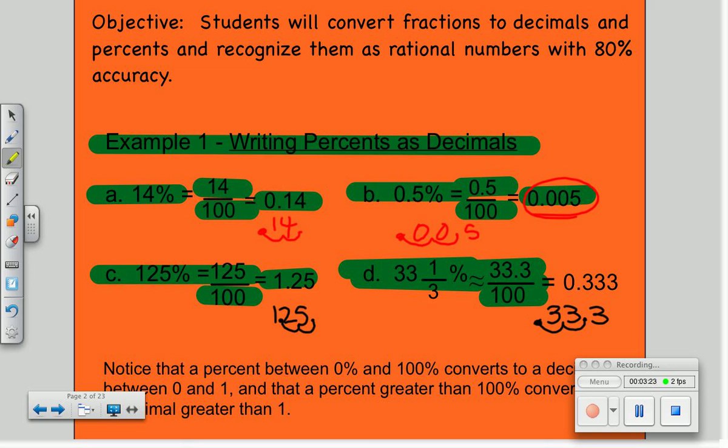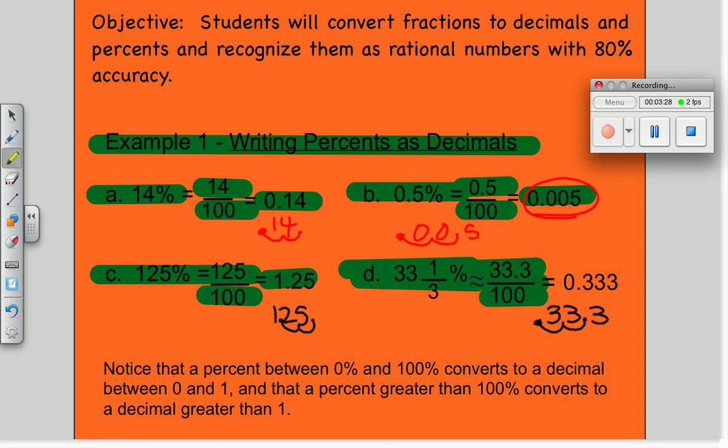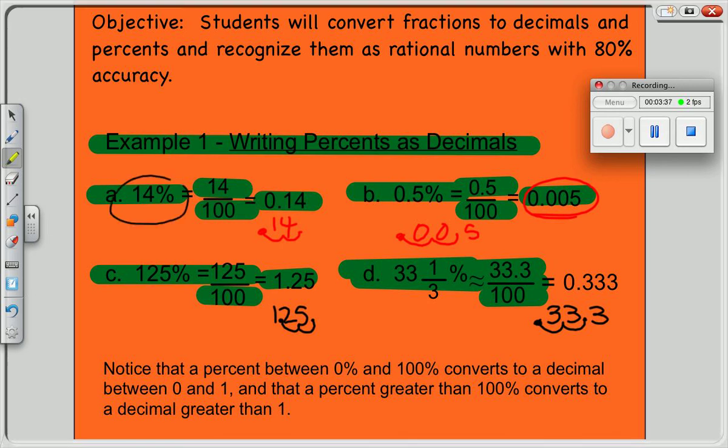So one of the things I want you to notice here, if you'll look at the bottom of the screen, what I wrote down for you, I want you to notice that a percent between 0% and 100%, what am I talking about? This is between 0 and 100. This is between 0 and 100. This is between 0 and 100. This one is more than 100. This one is more than 100. I'm not circling that one. So all the percents that are between 0 and 100 convert to a decimal between 0 and 1.